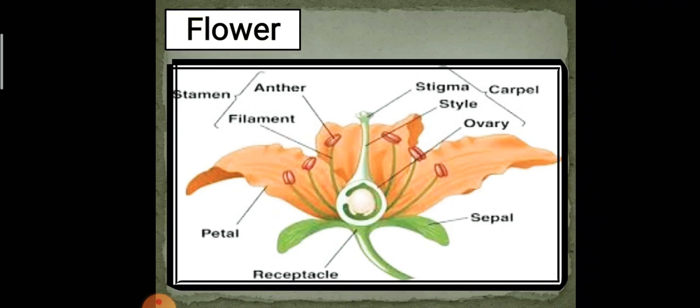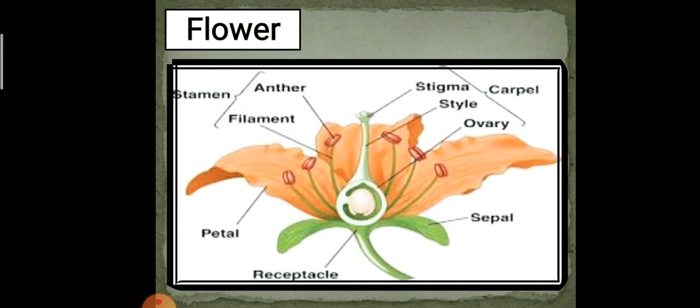Here these two accessory parts are known as calyx and corolla, and the most important to perform sexual reproduction are the two essential whorls. The first essential whorl is known as androecium and the second essential whorl is known as gynoecium.